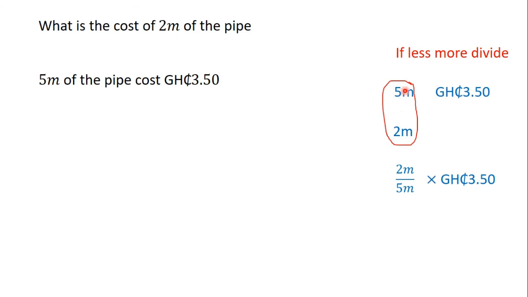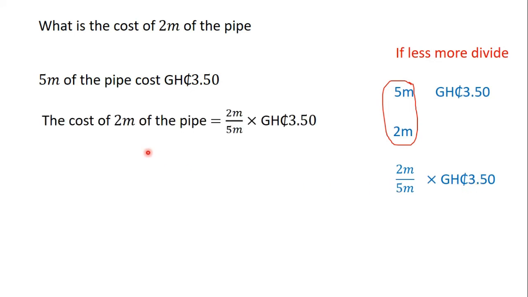Once again, we are using the lengths to form the fraction because it was the length that changed. If it had been the cost that changed, we would have used the cost to form the fraction and then multiply it by the length. This means that the cost of 2 meters of the pipe is 2 meters divided by 5 meters times 3 Ghana cedis, 50 pesos.